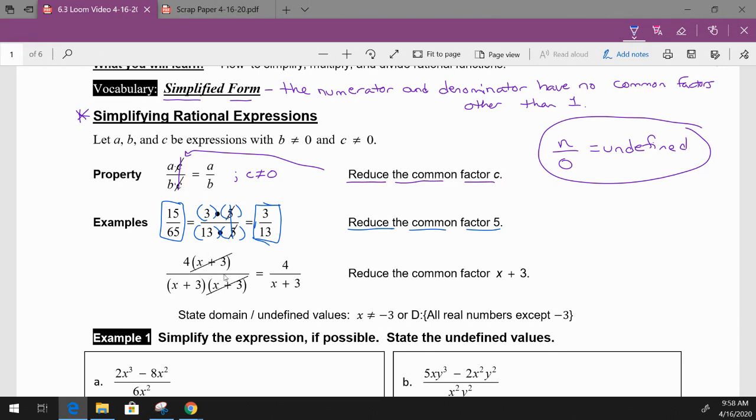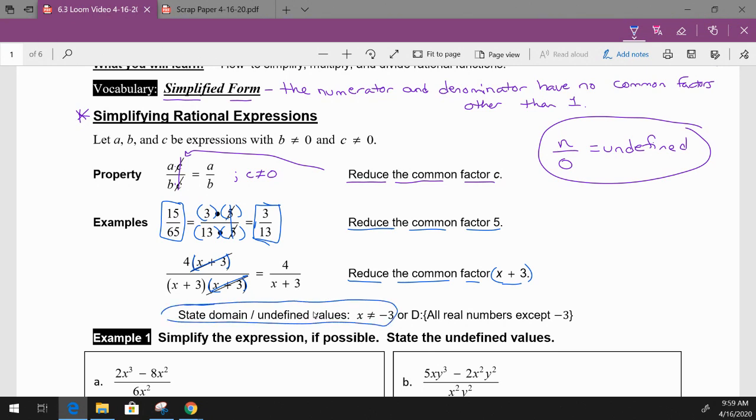Here you've got a factor of x plus 3 in the numerator and in the denominator. So you can reduce one factor of x plus 3 in both the numerator and denominator, which leaves you with a simplified fraction of 4 over x plus 3. Now you do have to state that domain or undefined value.